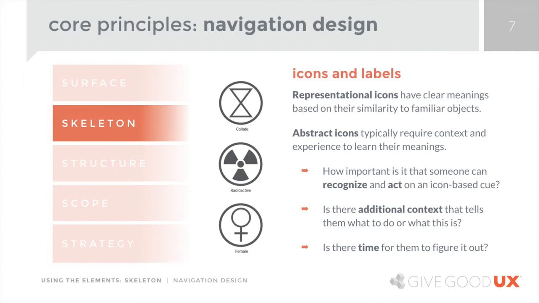Everything's got to be very intuitive, very obvious, and very clear. So abstract icons wouldn't make any sense in that instance. But using recognized icons, things that people are intimately familiar with, things that are instantly recognized no matter what the visual style may be, go a long way in allowing people to act and act quickly.